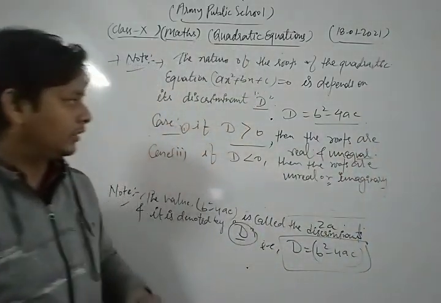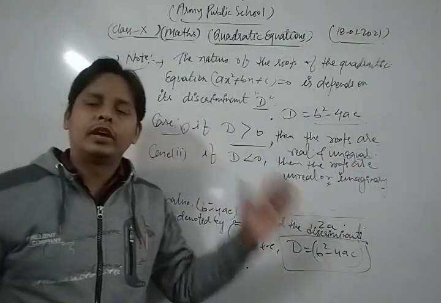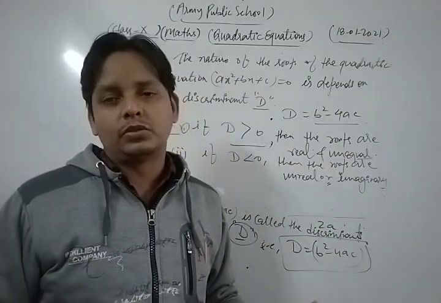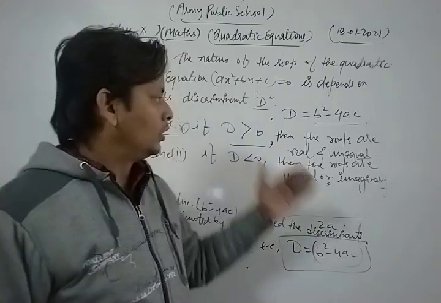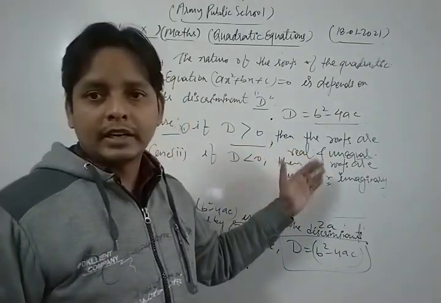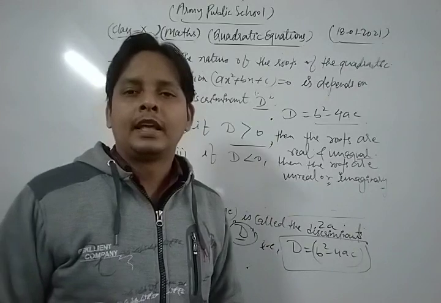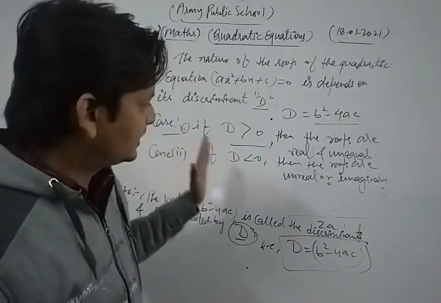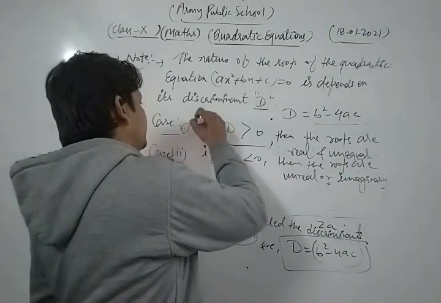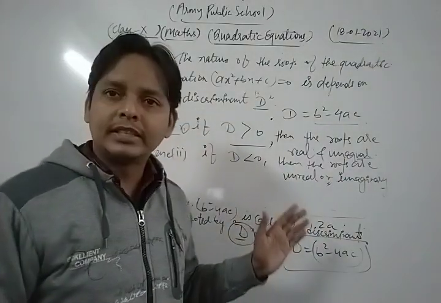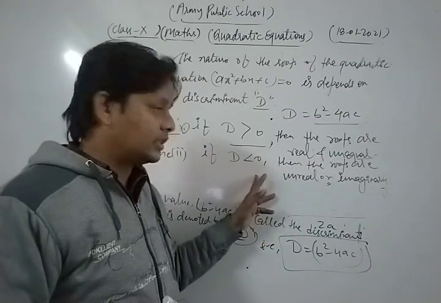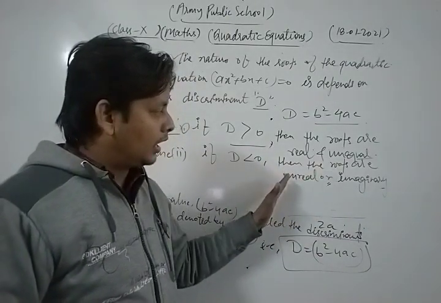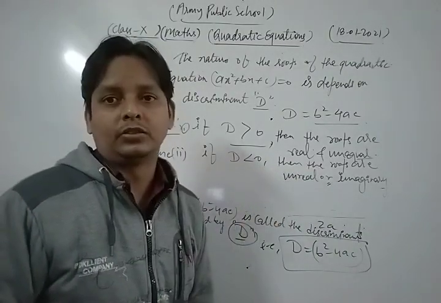So in the first condition, when the value of its discriminant D is greater than 0, then the roots are real and unequal. And if the value of the discriminant D is less than 0, then the roots are unreal or imaginary.